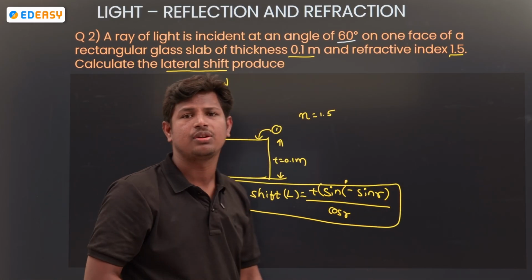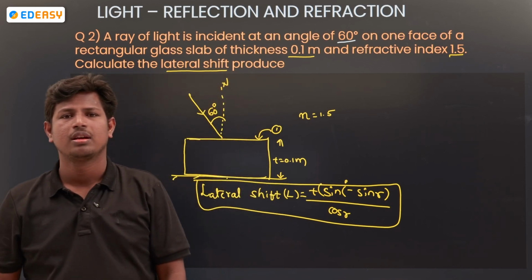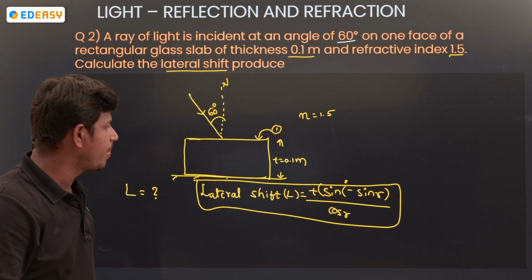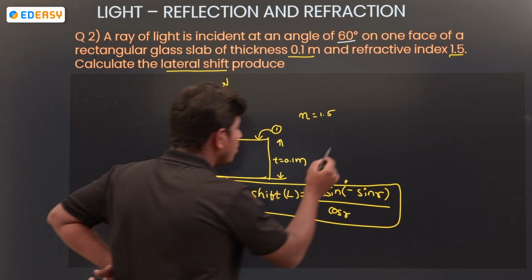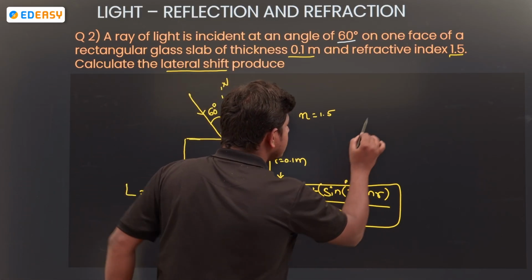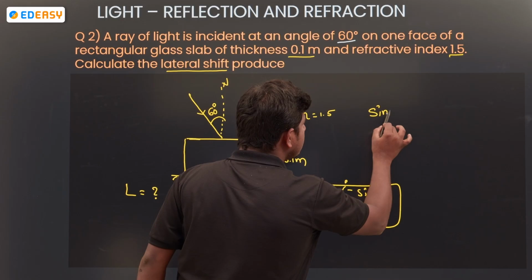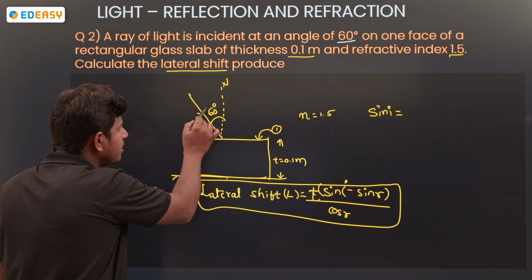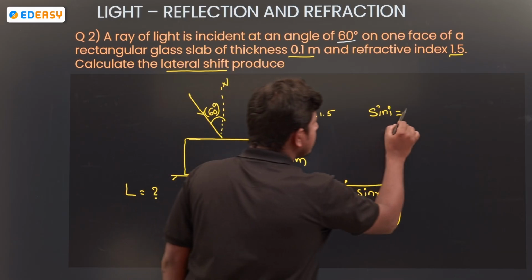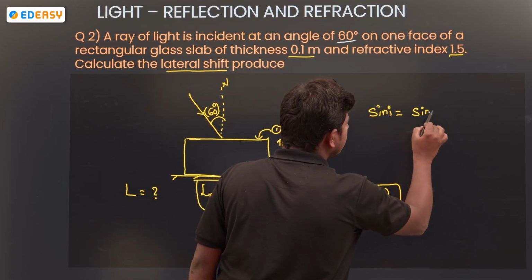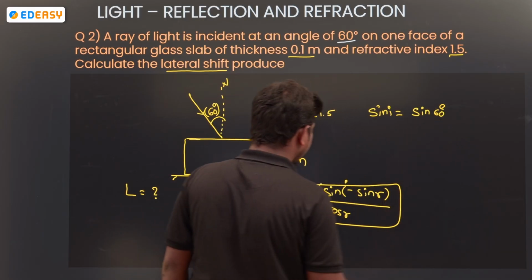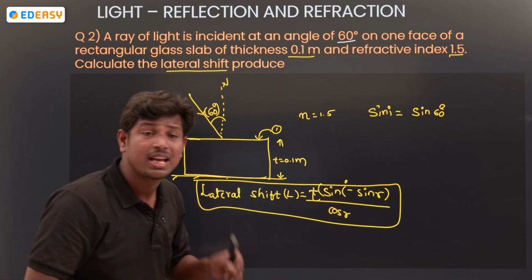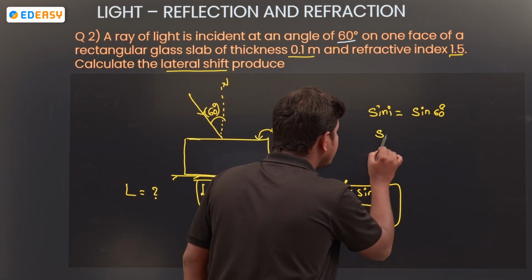Do we know the sin I value? Sin I is based on the incident angle, so sin 60 we know. Next, sin R we don't know. But how can we find out sin R?